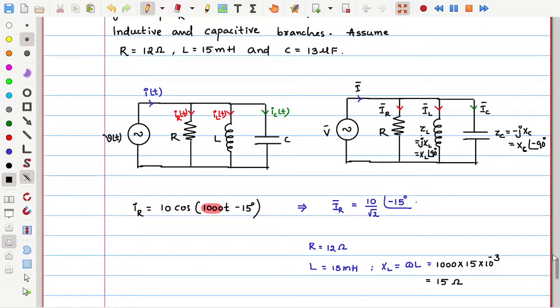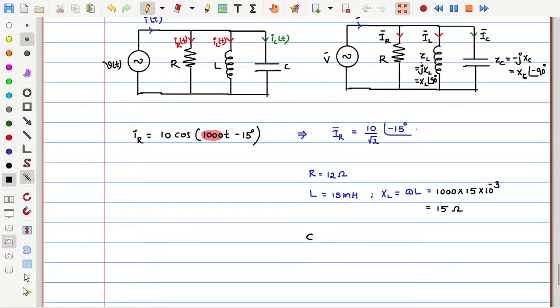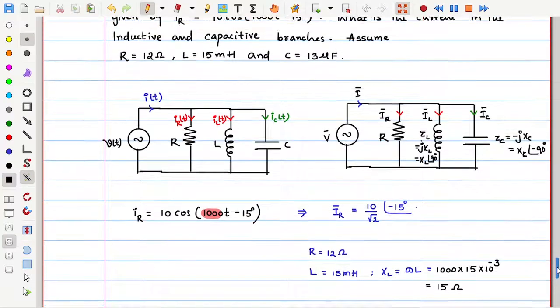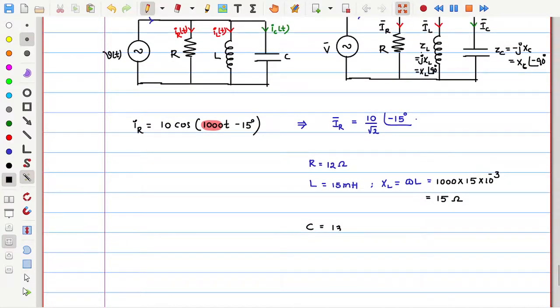Similarly, from the capacitor C, how much is the capacitance? 13 microfarad. So immediately let us move to get the XC. How much is XC? 1 by omega C, the capacitive reactance. So 1 by 1000 into 13 into 10 power minus 6. Calculate and tell me.